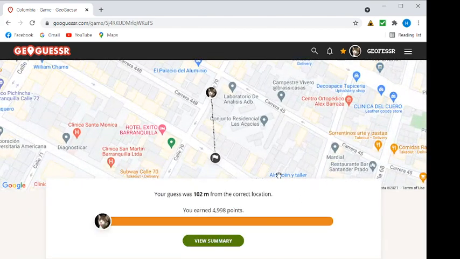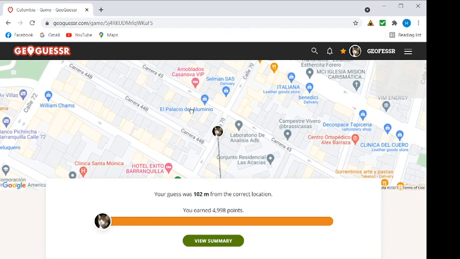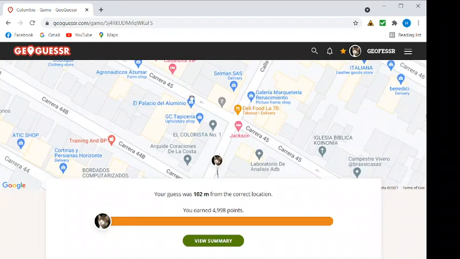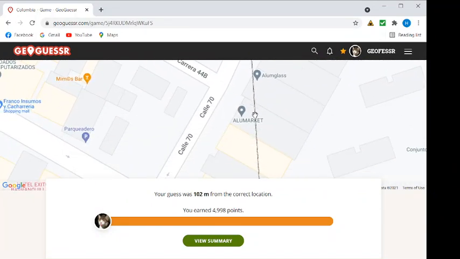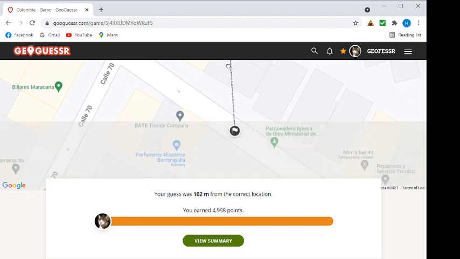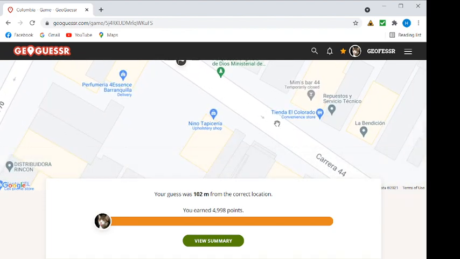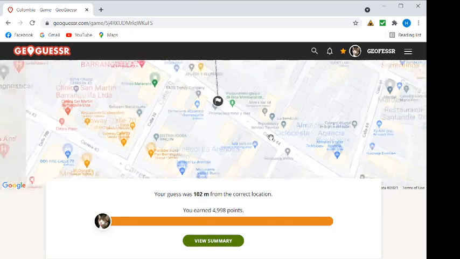Okay, oh, so I didn't get a 5K because I was wrong. Oh, that's interesting. Look, there's El Palacio del Aluminio. There's Alum Glass, Alum Market. Something about aluminum in this area.